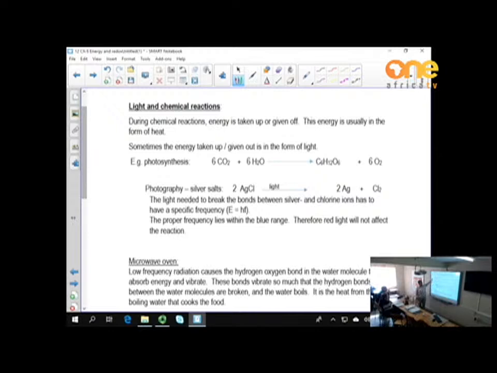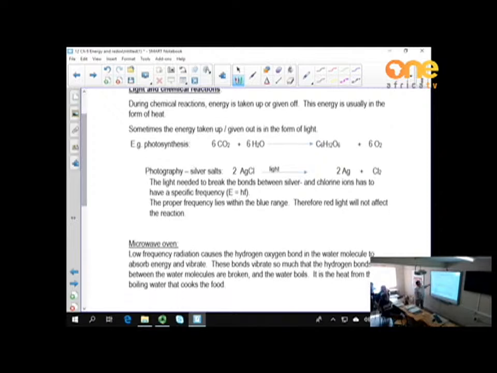So they say some chemical reactions, the energy is taken up or given off. Endothermic ones require energy, usually in the form of heat. We have to put a flame underneath the solution and warm it up. Now, we don't have to burn plants to make them photosynthesize. We need sunlight. So sometimes the energy taken up or given off is in the form of light.